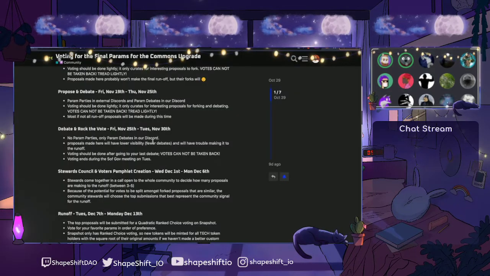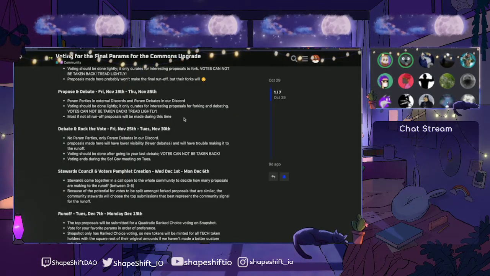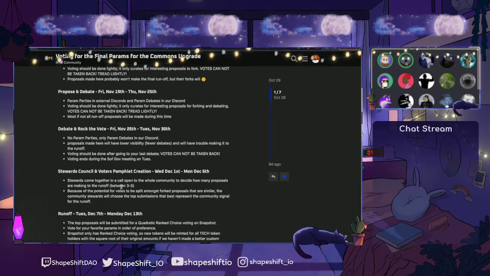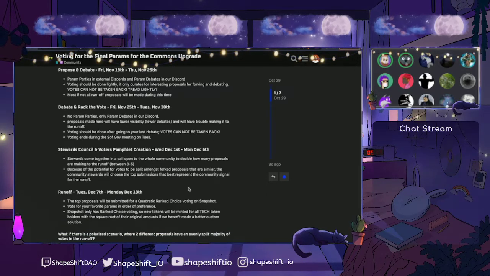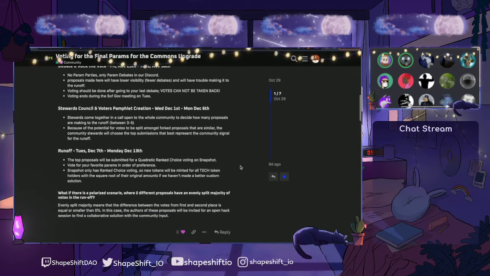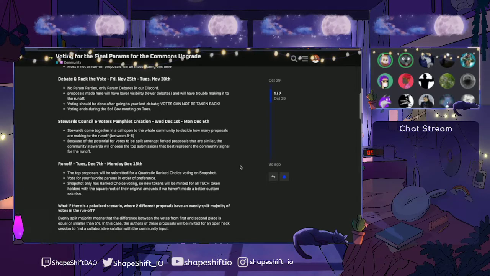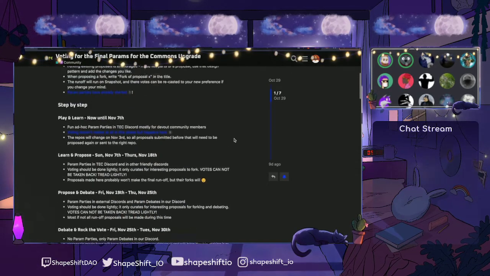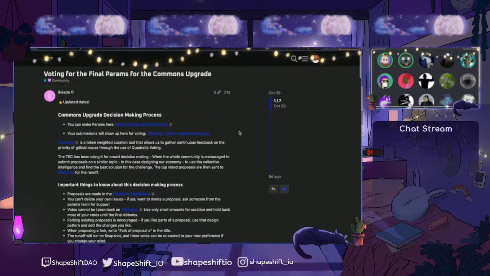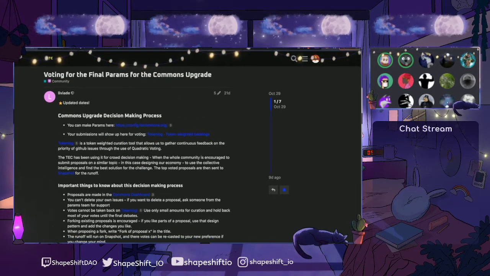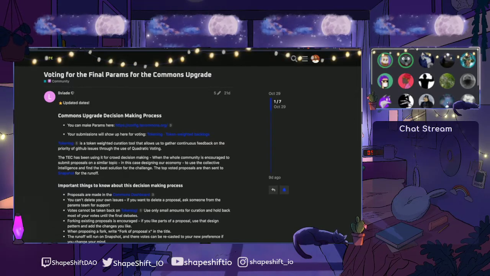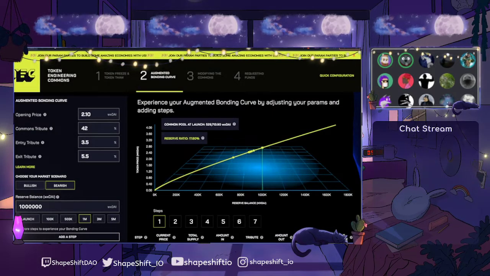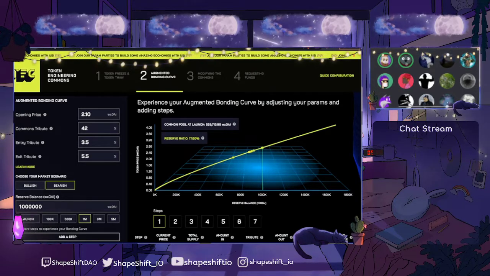Eventually, between 3 and 5 proposals are going to make it to the runoff vote. After that, we should have a final design for the Token Engineering Commons economy. So this is giving you some context of what's going to be the rest of the process.